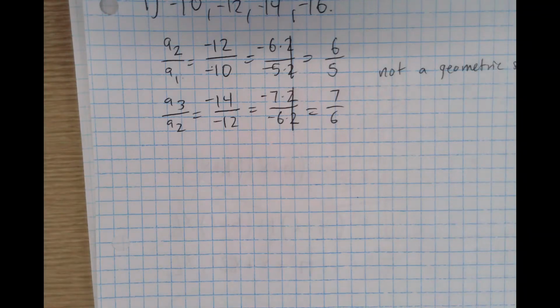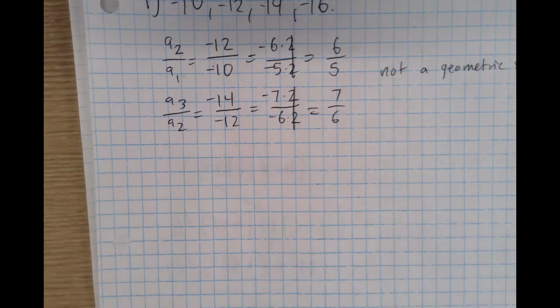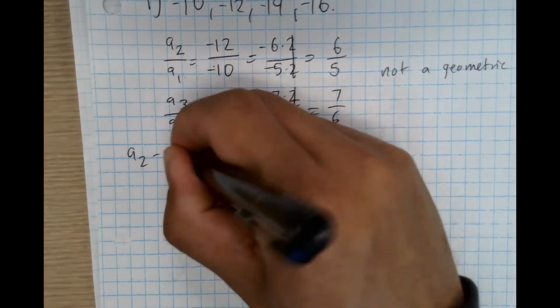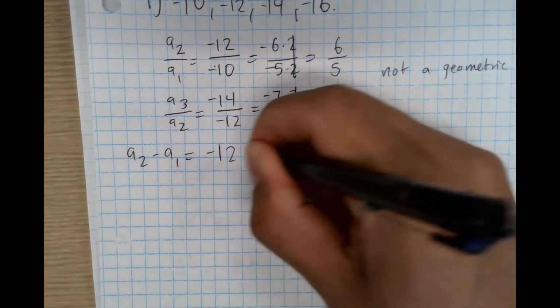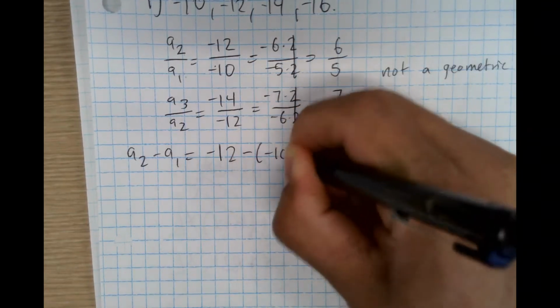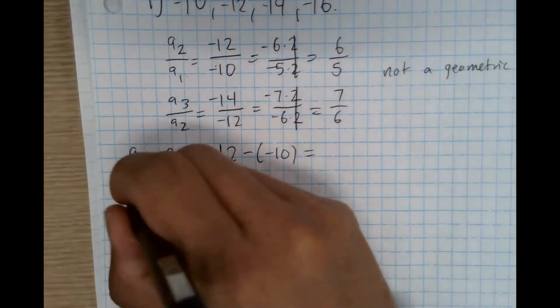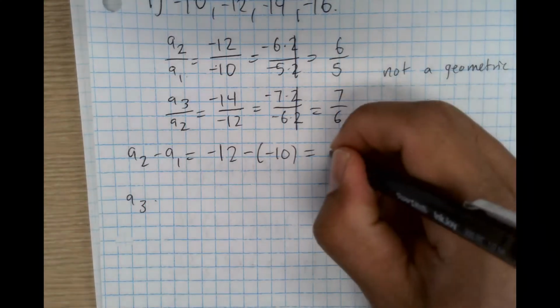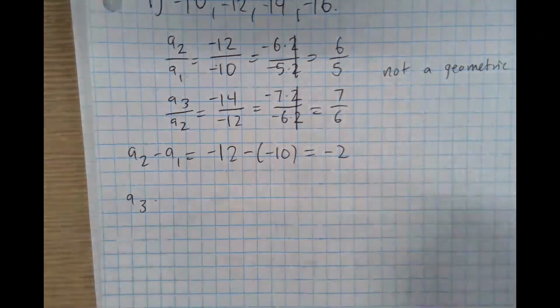Okay, how do we test for that? Right, now we're subtracting, so A2 minus A1, which is negative 12 minus negative 10. And what did you get? Negative 2. And then what do you test next?